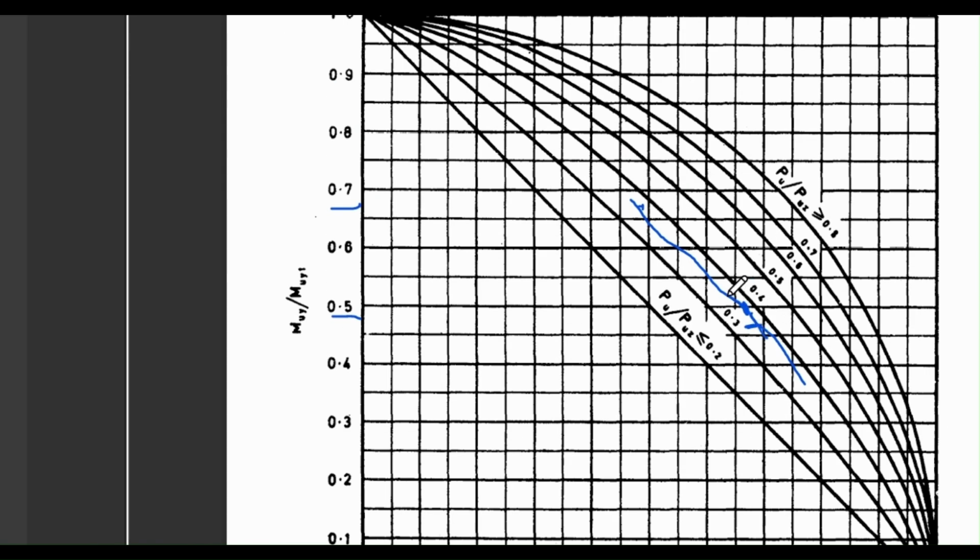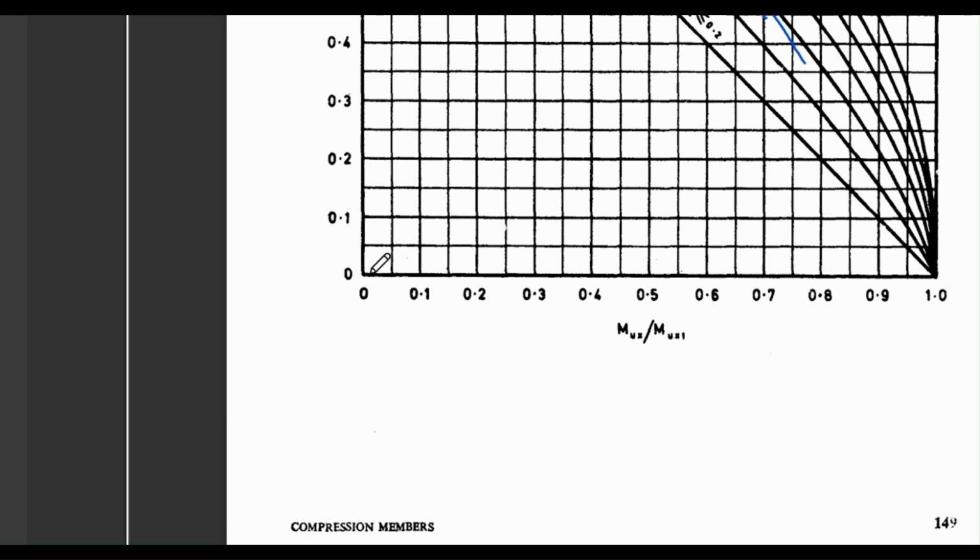This is 0.38 approximately. This blue line approximately indicates the graph for the 0.38 value for Pu by Puz. Then the x-axis value is 0.48, 0.45, 0.48, maybe somewhere here.